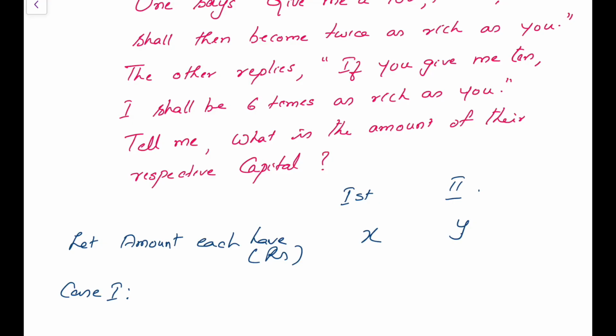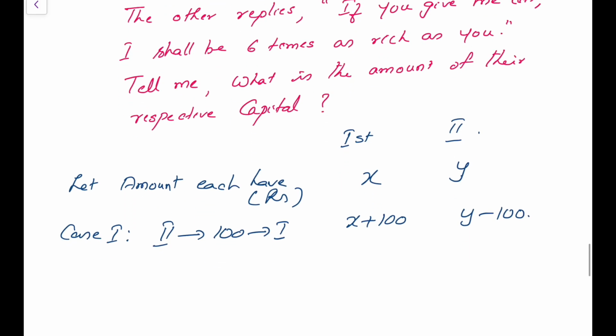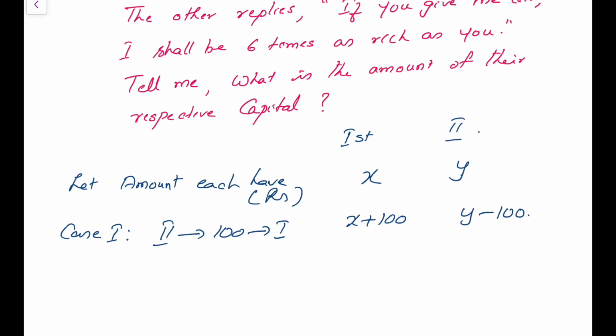So when the second gives 100 to the first, X will become X plus 100, and the second person will have 100 rupees less, so Y minus 100. Then we'll write the equation later. First we'll write this. Then case 2.